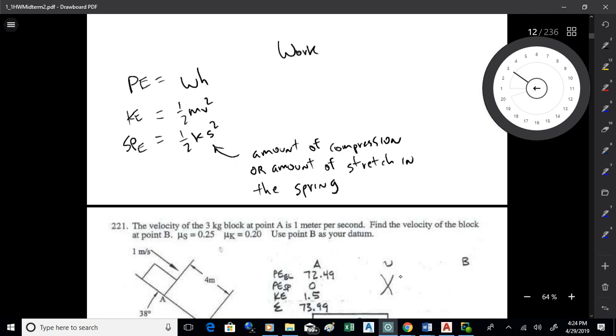And then work is caused by a force from outside the system. So when you're doing this stuff, you decide on a system.